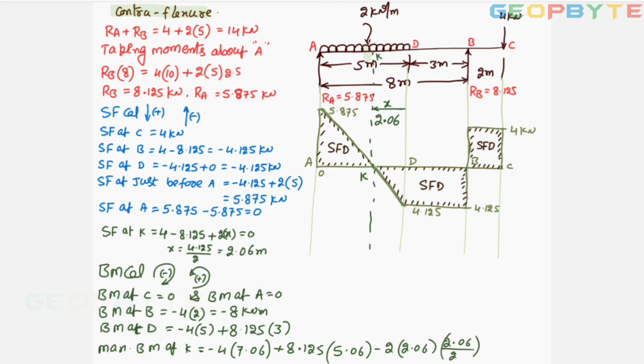Simplify the value. I got bending moment at D is 4.375 and the maximum bending moment at K is 8.625 kilonewton meter.